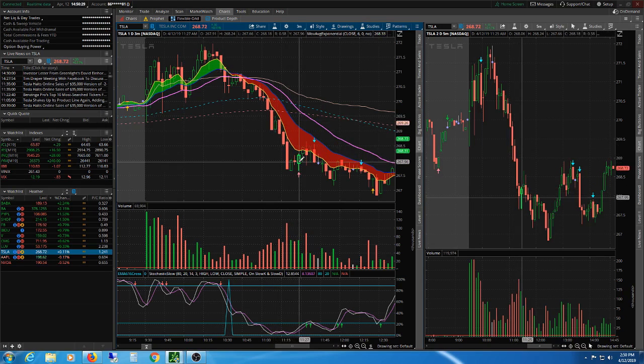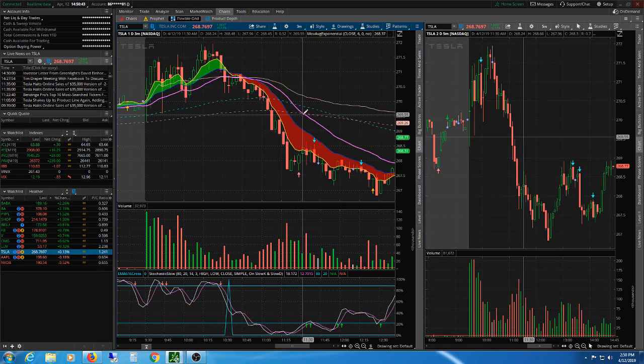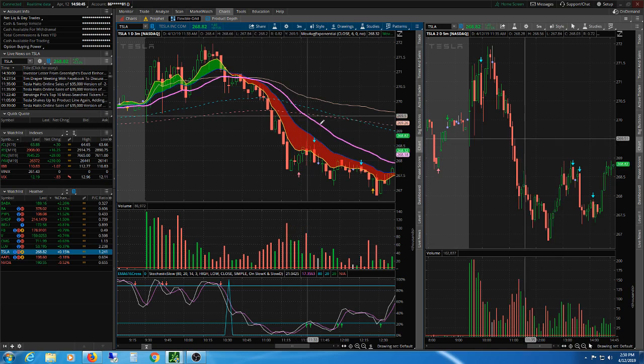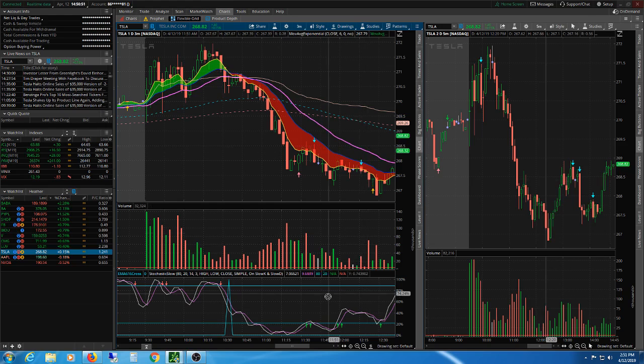I probably would have got out, if I wasn't out by now, most of it right here when we had a bullish engulfing candle. Probably would have lowered my stop to maybe right here, this RSI number. Put my stop here, maybe just kept this as my stop and followed it down.